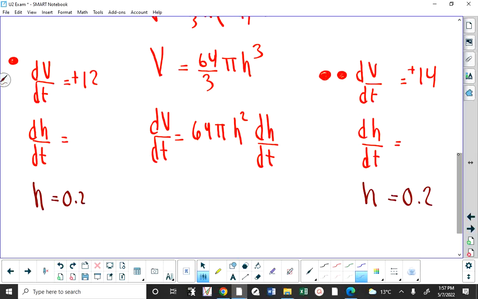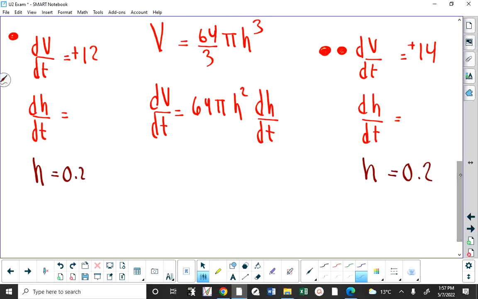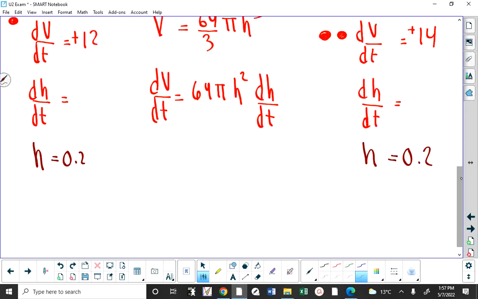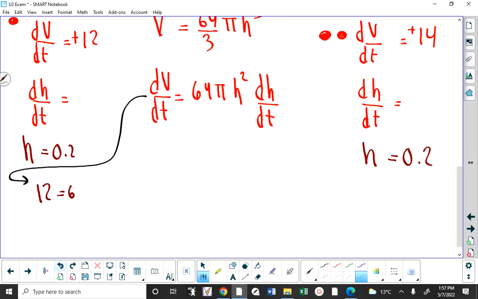So if I'm doing version 1, I guess I can just quickly show you both. Version 1, I will have dV/dt, which is 12, equals 64 pi times h, which is 1/5 squared, times dh/dt. And you're going to rearrange that for dh/dt.